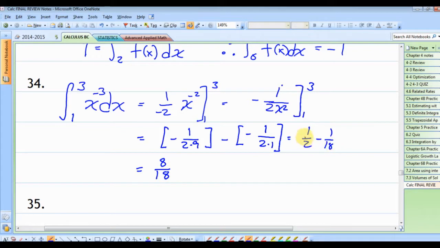You know what? I'm going to change that order back around because I think that's confusing. It's 9 over 18 minus 1 over 18. That's 8 over 18, which, my division's horrible. What is that? 4 over 9? 4 ninths, which is 0.4444.